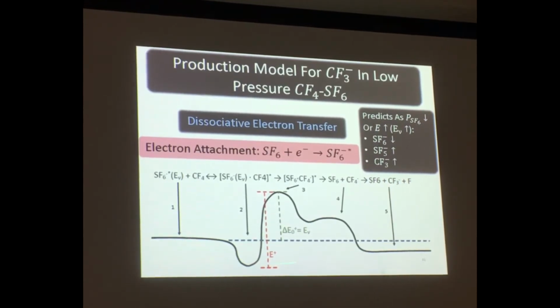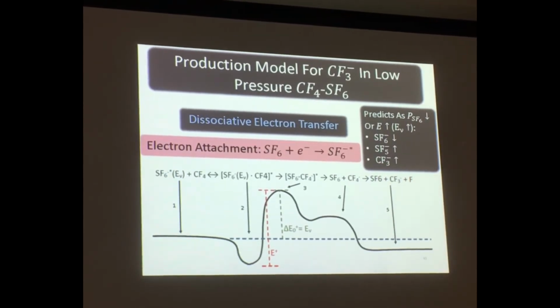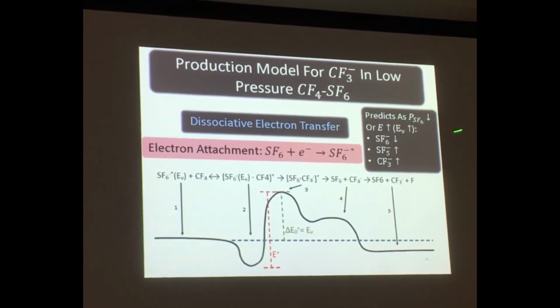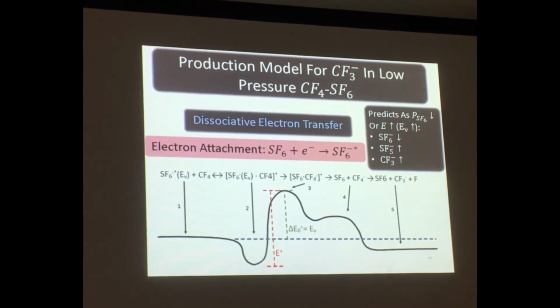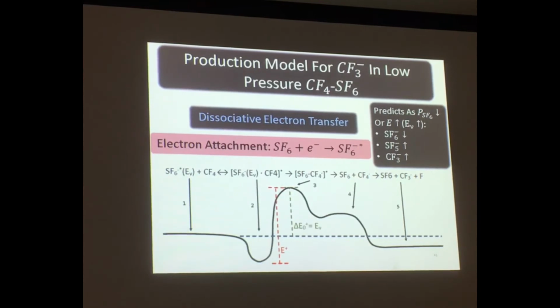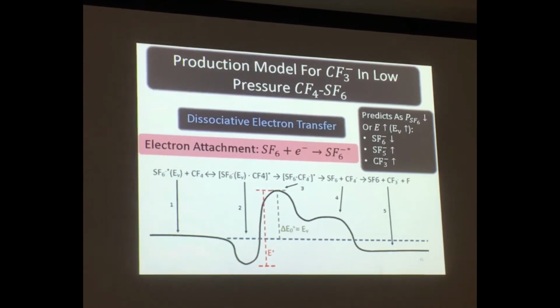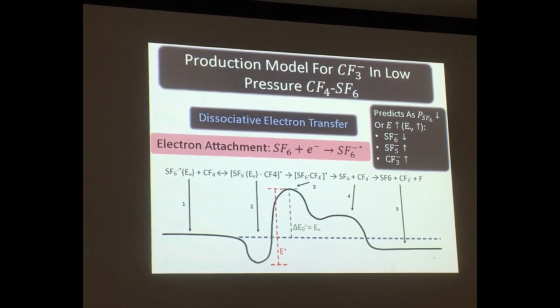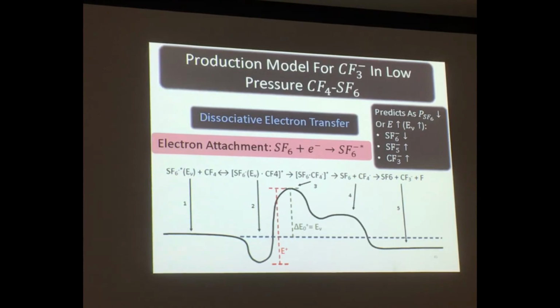This model that I came up with makes several predictions, which is cool. It predicts that as you lower the SF6 concentration or you increase the drift field, both of those things will increase the capture length. So the electron is captured at a higher energy, which increases the energy of this SF6 minus star, this E nu, which means you'll have more reactions that go all the way across.